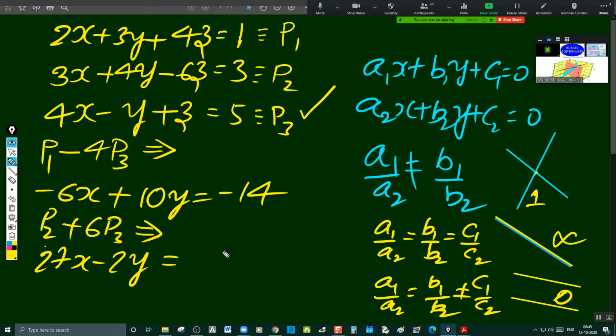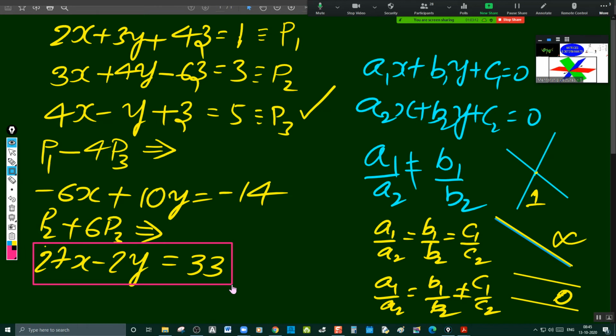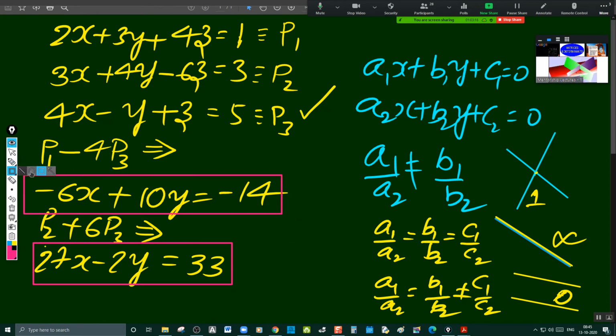Check these two equations. Every one of you, check these two equations. Which case does it come under, please? Anyone? First, that is not equal to 0. This case it comes under.